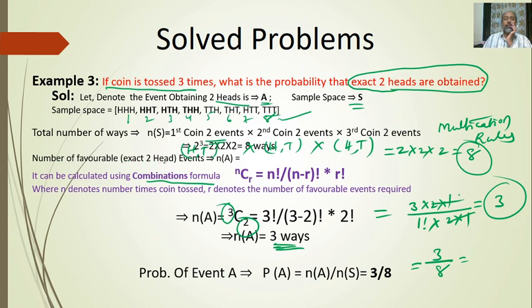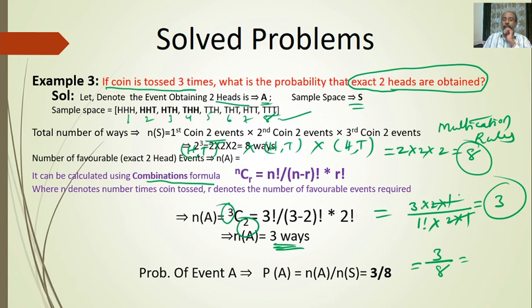Number of favorable events, that is exactly 2 heads, are N of A. So it can be calculated using the combination formula. nCr is equal to n factorial divided by n minus r factorial into r factorial, where n denotes the number of times the coin is tossed, r denotes the favorable events you required. So n of A is equal to 3C2 according to the combination formula. So 3 factorial divided by 3 minus 2 factorial into 2 factorial.